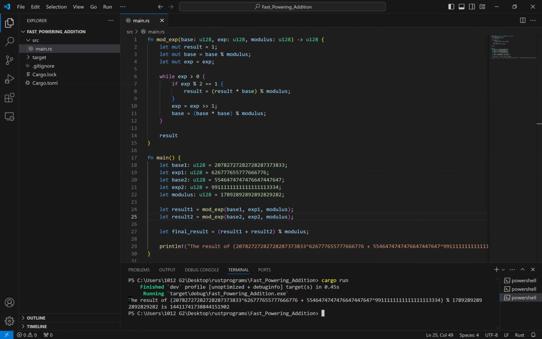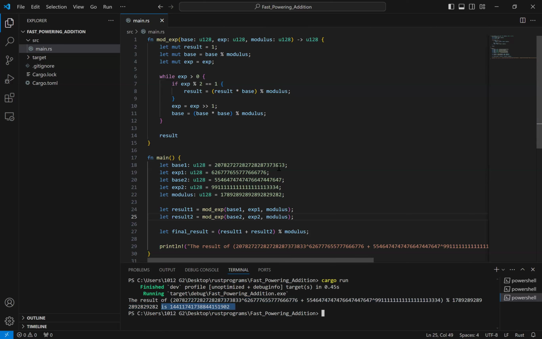Okay, so you can see the result. It says the result of this number raised to this number plus this number raised to this other number, mod that, is given here.